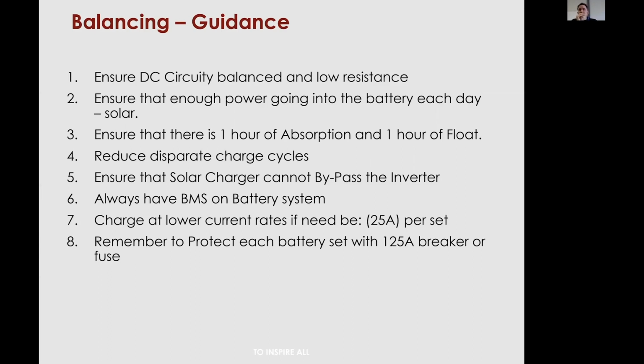Obviously, reduce disparate charge cycles. If you don't have your furnace, for example, set up correctly, you will have what they call frequency shifting to manage it, and you will have the battery being asked to charge and discharge the whole way through the afternoon.